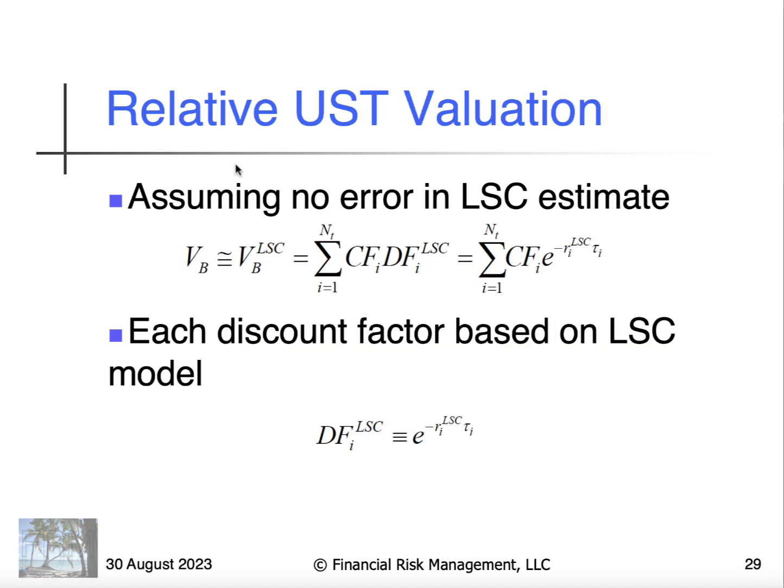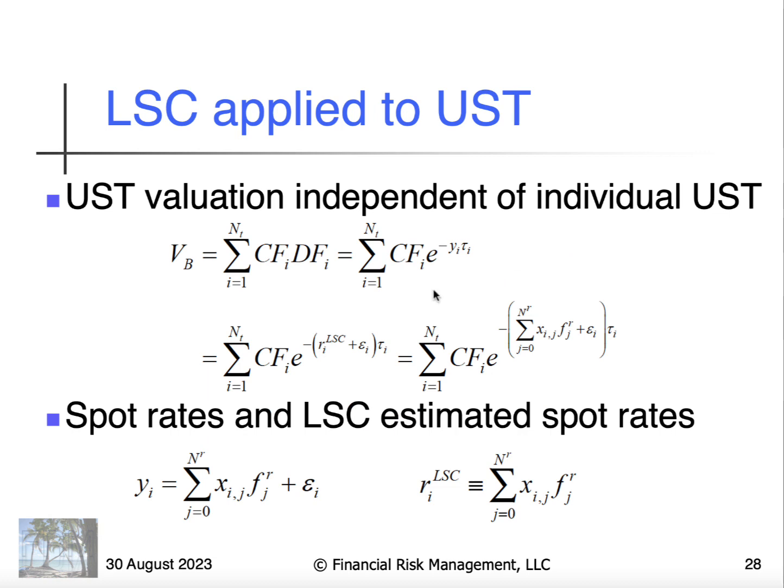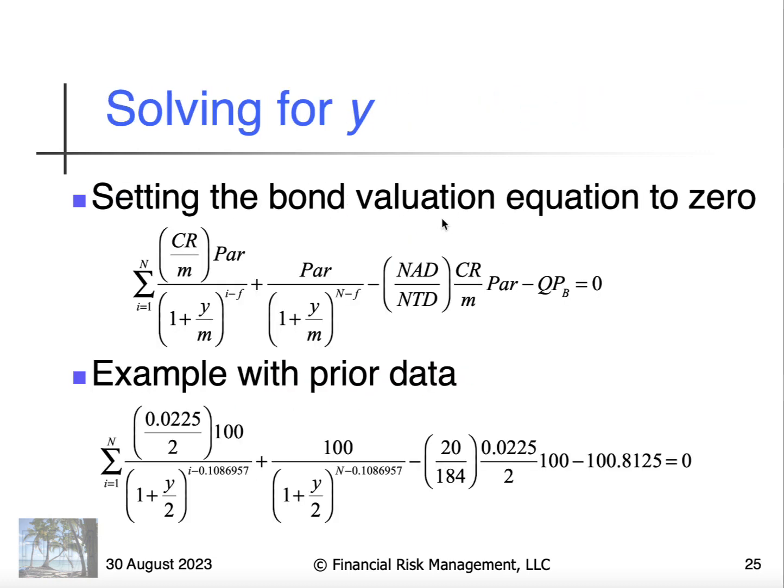And so for relative valuation, we would argue that the value of the bond ought to be approximately equal to the LSC value. And applying this LSC model, each discount factor is based on the fitted LSC model. This is a little different in the sense that I have different yields or different discount rates for each maturity, as opposed to the constant yields that we were looking at before, where we don't allow the yields to vary across maturity.